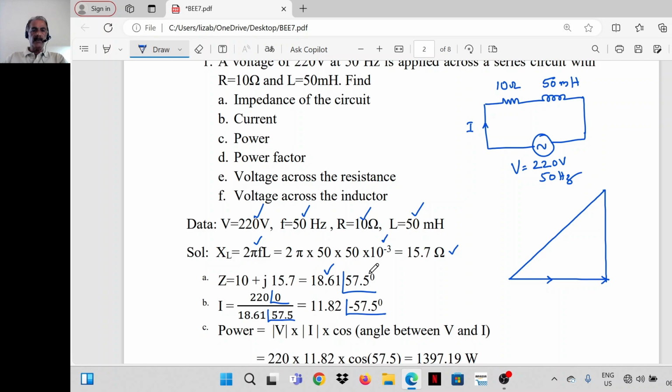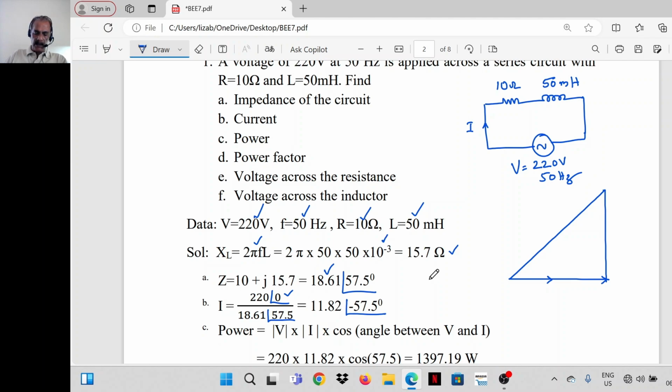So next part is to find the current through the circuit. Current is equal to voltage divided by impedance. Voltage is given as 220. Let's take it as the reference. So 220 angle 0 divided by impedance, that is 18.61 angle 57.5.